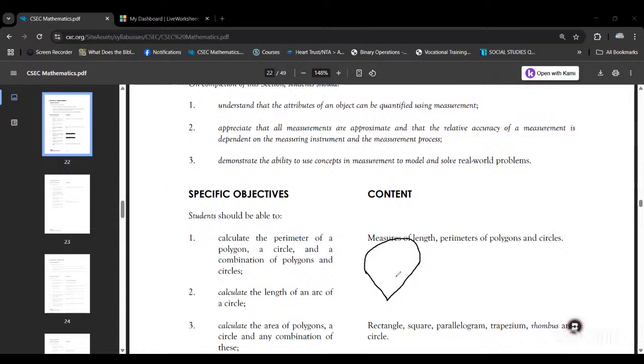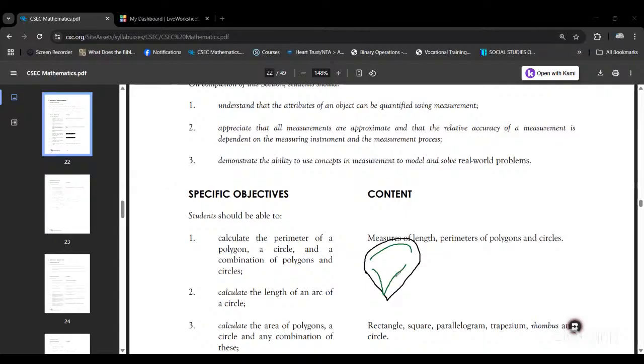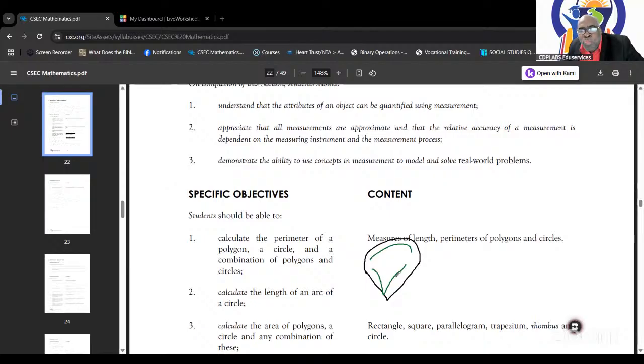Here, sir. This and this. Yeah, but name them now. The three lines have a name, so name them. So you have one curve and two straight lines. And what would the name of that curve be?